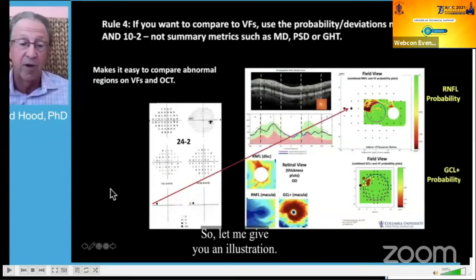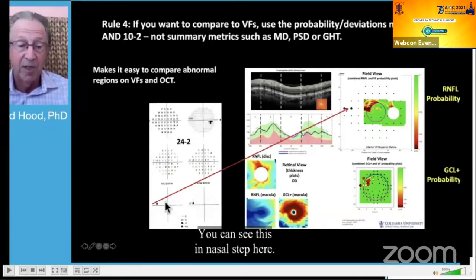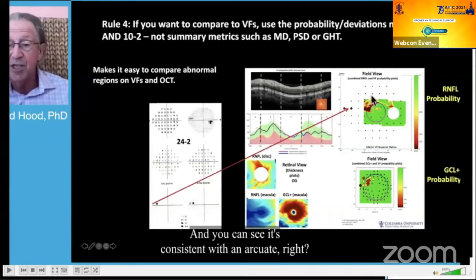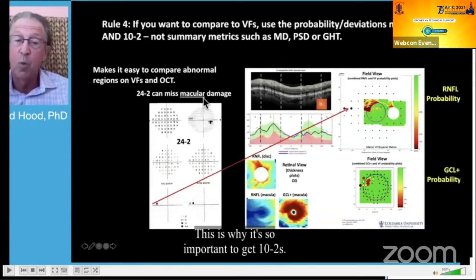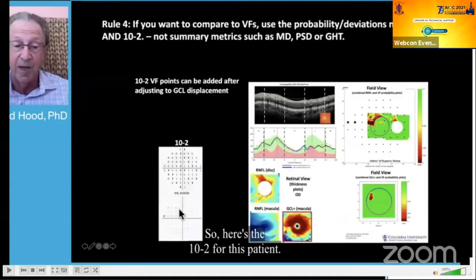So let me give you an illustration. Here's the 24-2 for this patient. You can see there's a nasal step here. These are the points that are abnormal here, right? And you can see it's consistent with an arcuate, right? But notice this can miss macular damage. This is why it's so important to get 10-2s. So here's the 10-2 for this patient.